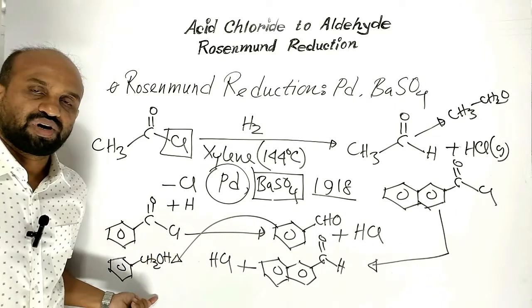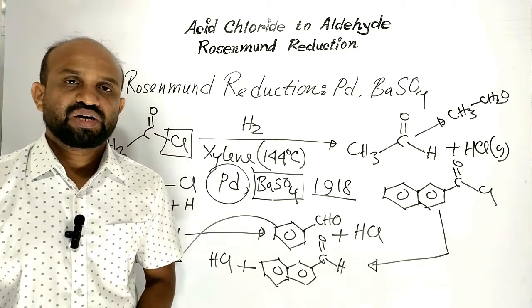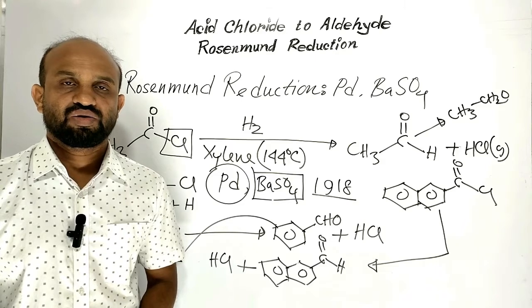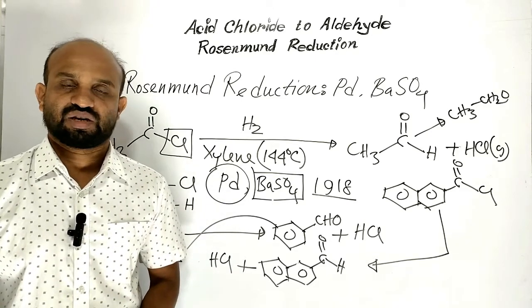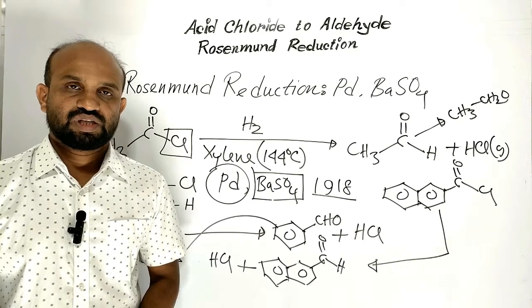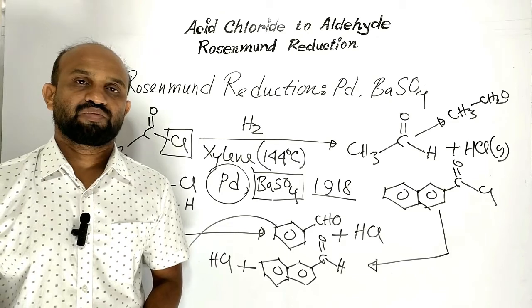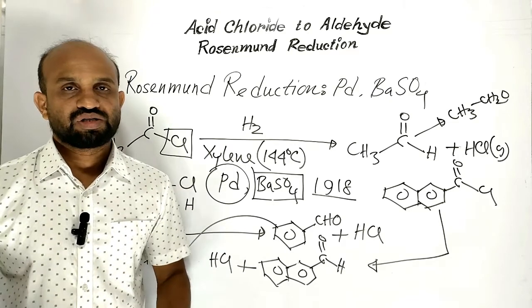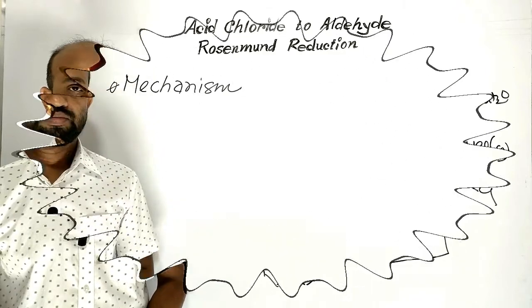So to prevent further reduction, over reduction, barium sulfate is used as a catalyst poison that retards the catalytic power of palladium.